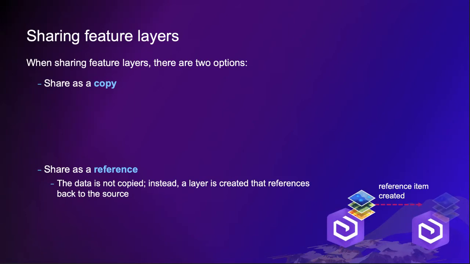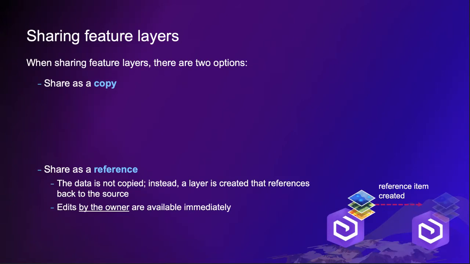So in Veronica's example, if you have data in your enterprise geodatabase and you want to share that through collaboration as a reference, they're still going to need credentials to get to that information. This is where references come in handy.